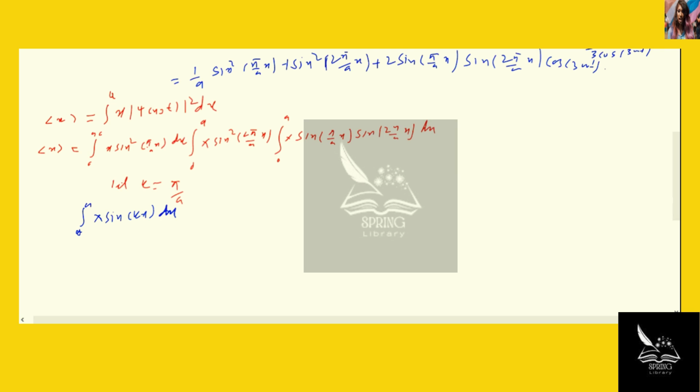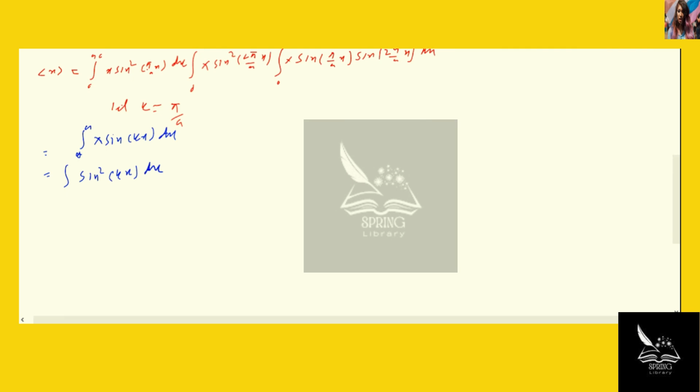So therefore we can write this as the integral of sin squared kx dx, as we know this can be written as the integral of (1 minus cos 2kx) out of 2 dx.